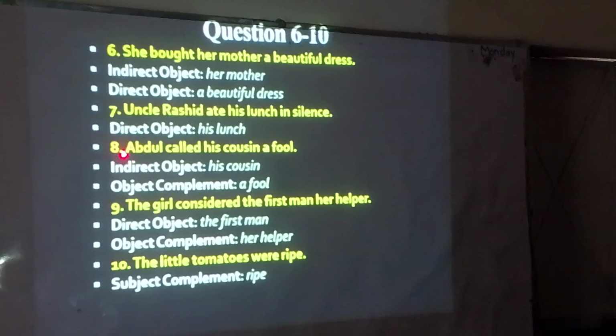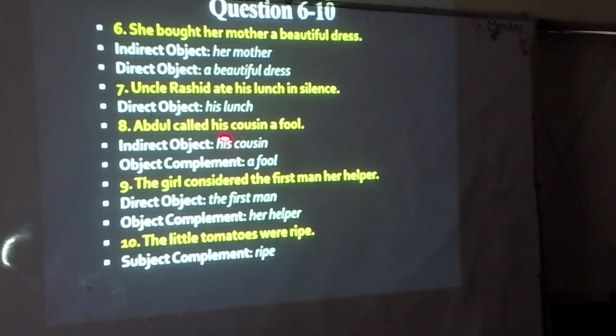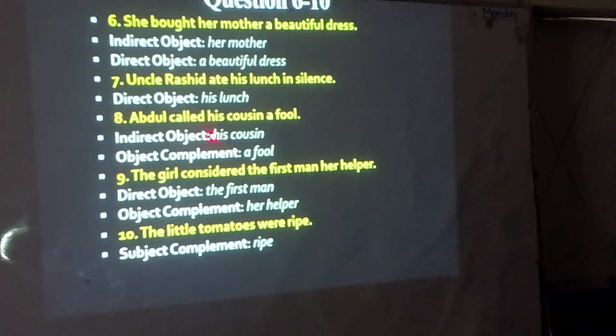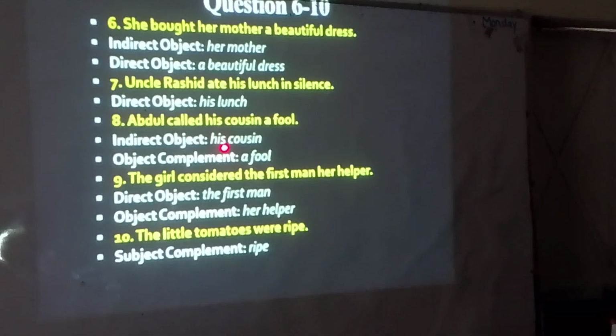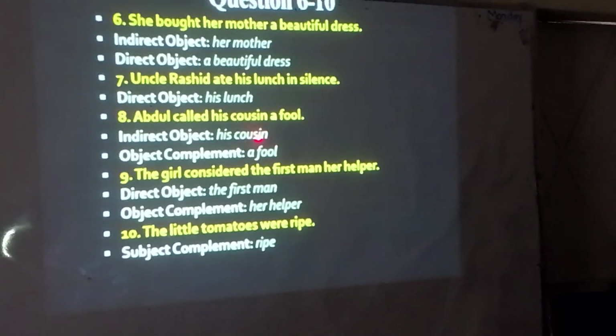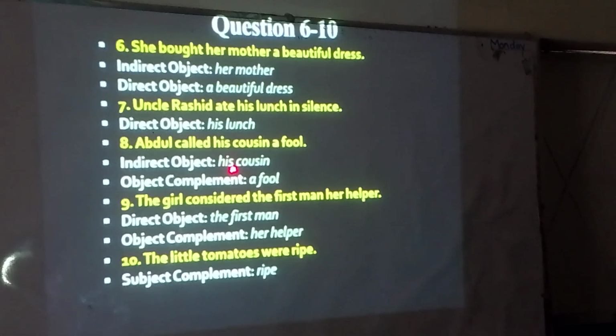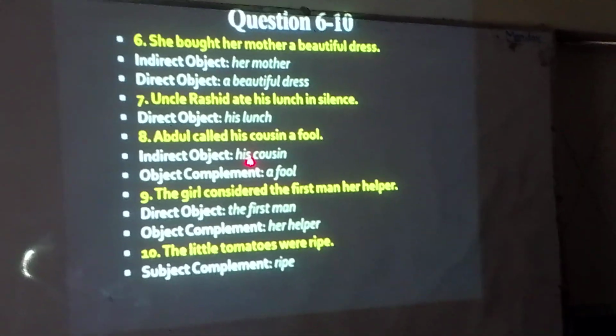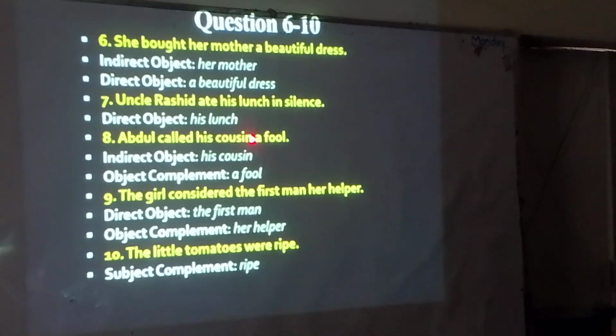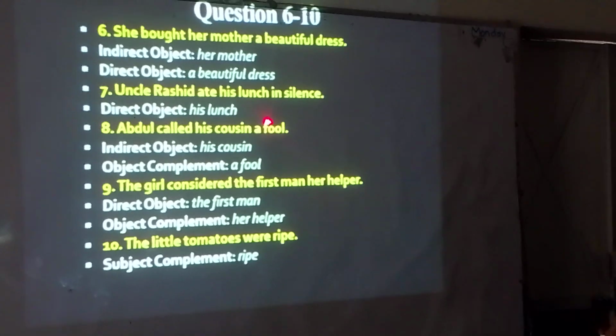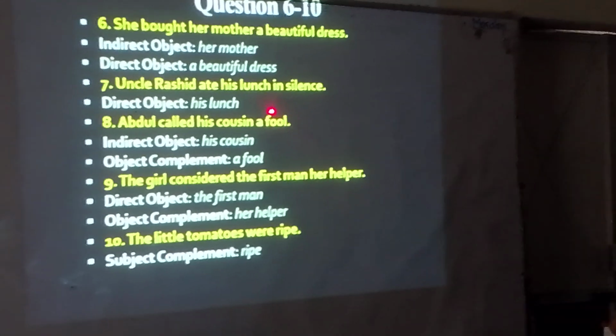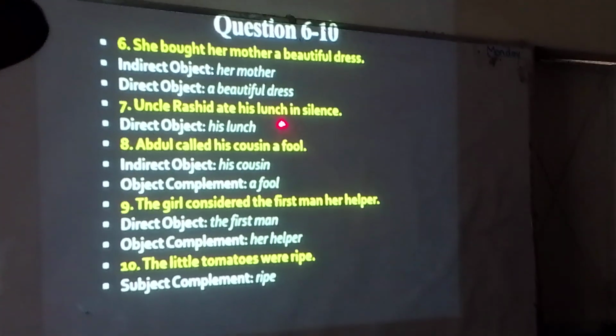Clear? Next one, Abdul called his cousin a fool. So his cousin is the indirect object. Why is his cousin the indirect object? Who will tell me? The action of calling is directly affecting... First he worked on the idea of fool, on the title of fool.